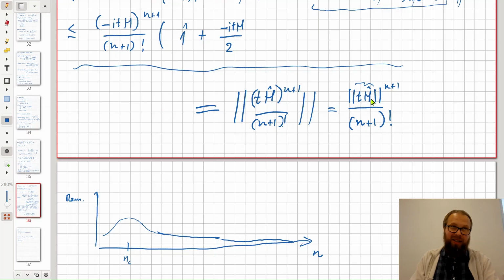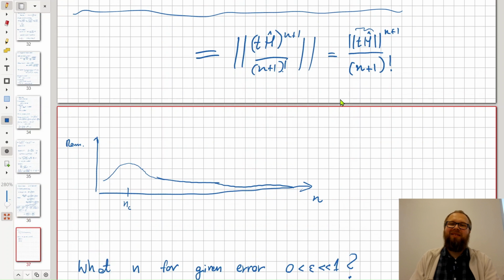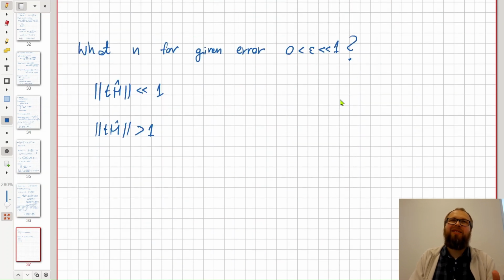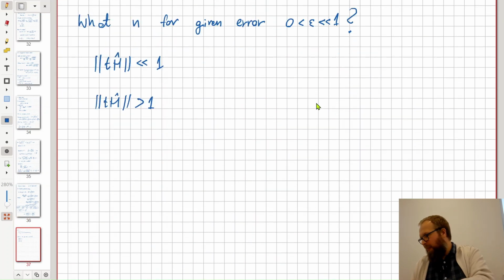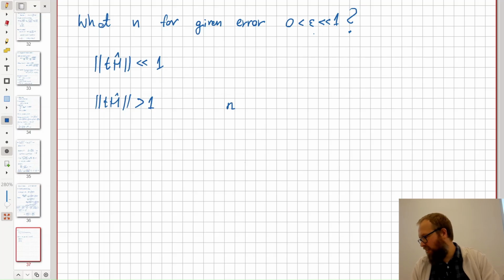The factorial always wins in the end, but there is an inflection point somewhere, right? Because this can get bigger and bigger, but its rate of growth just cannot match factorial. So let's say the error is small, so we expect n to be quite big. So let's say n is large.